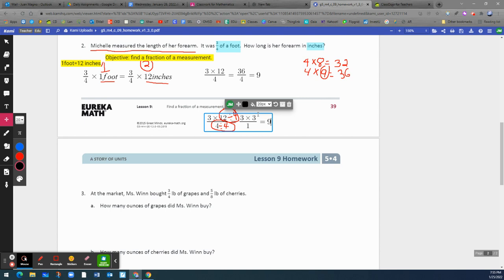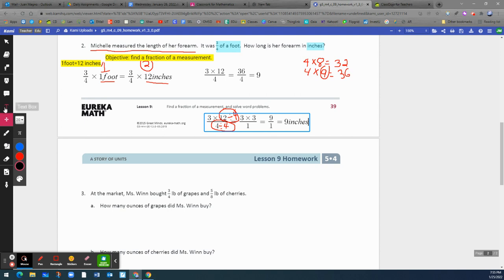And the denominator is 1. So 9 divided by 1 equals 9. So the answer is going to be 9 inches. That's how long her forearm is.